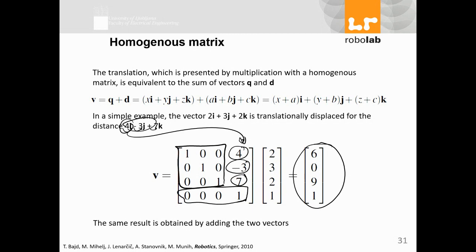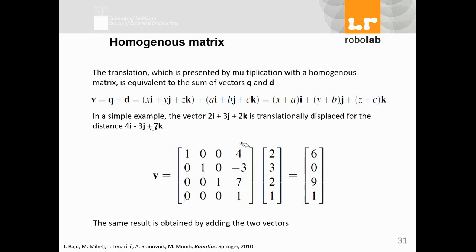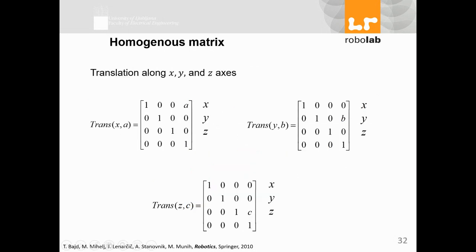We are using a more difficult way to do a simple thing for a reason. As I said, the main strength of the method comes in when you talk about a combination of rotation and translation movement, like robots. So for translation in X, Y, Z: when you have only movement in the X direction, you use this matrix.